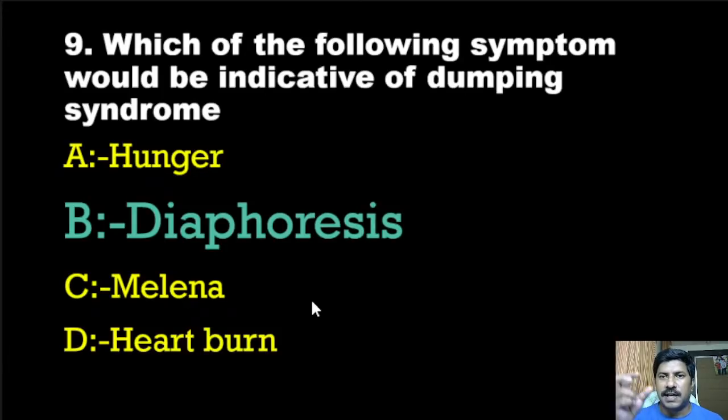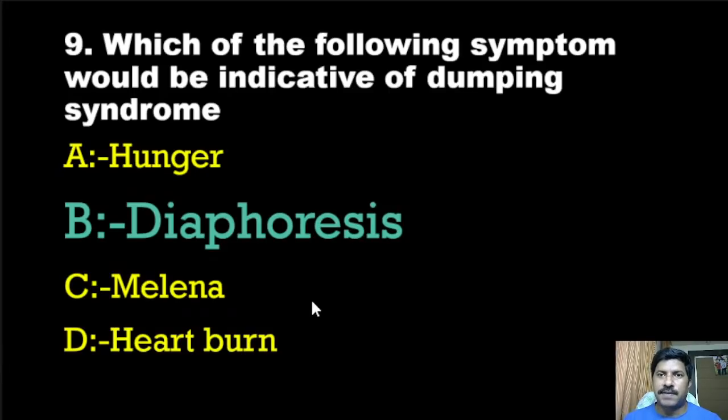That will cause the emptying of food directly into the small intestine, and that will cause a surge of glucose. Because in the stomach, the food particles mix with the gastric juices, and the concentration of glucose will be low.